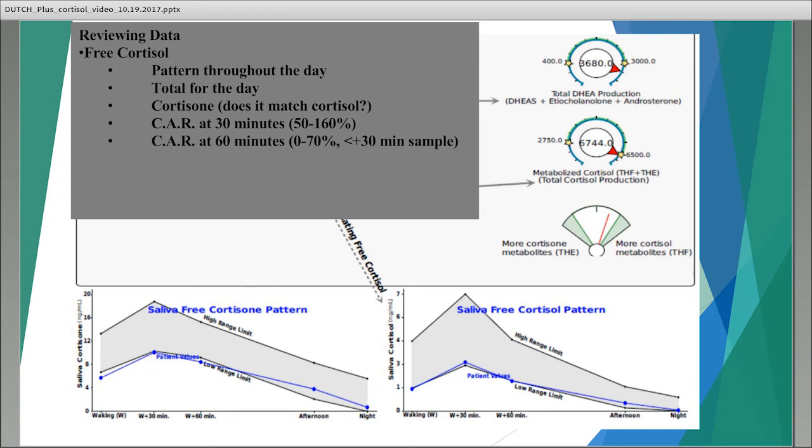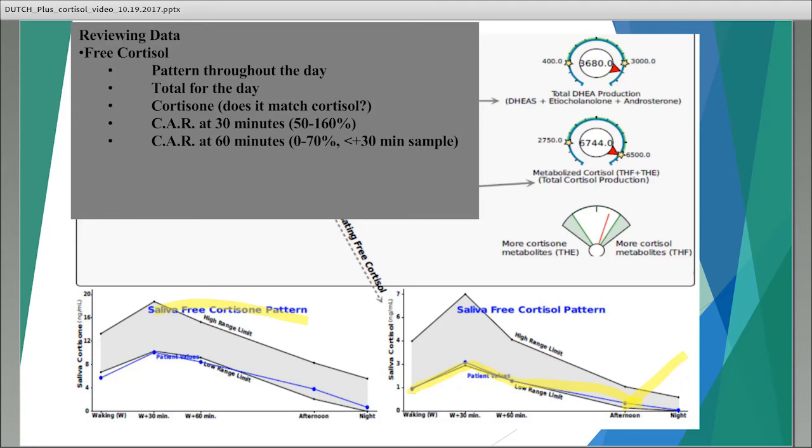We want to look at that pattern throughout the day, right? If the pattern is popping up at bedtime, that's going to be a problem. Is there dysfunction in that diurnal pattern? And then what are the levels throughout the course of the day?